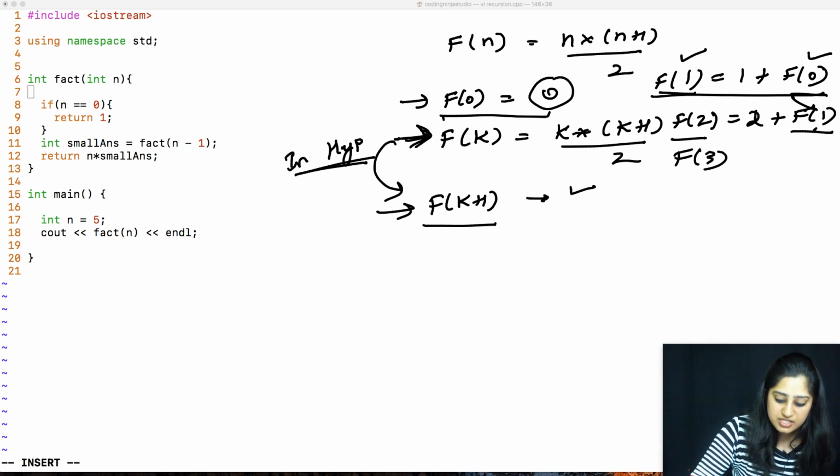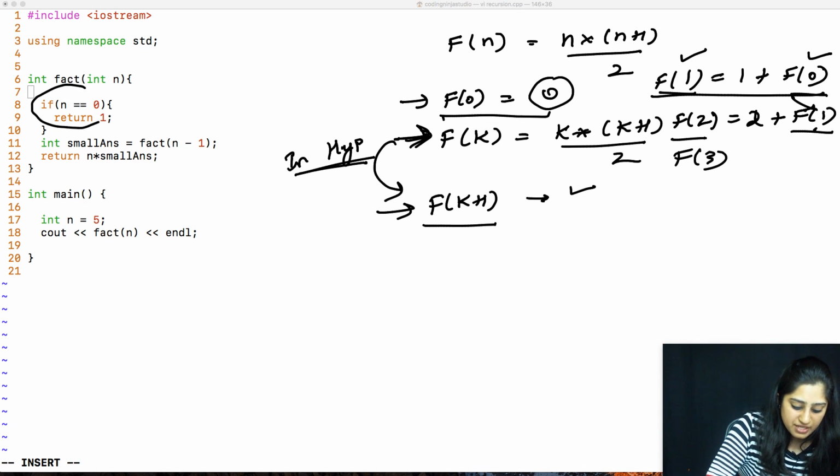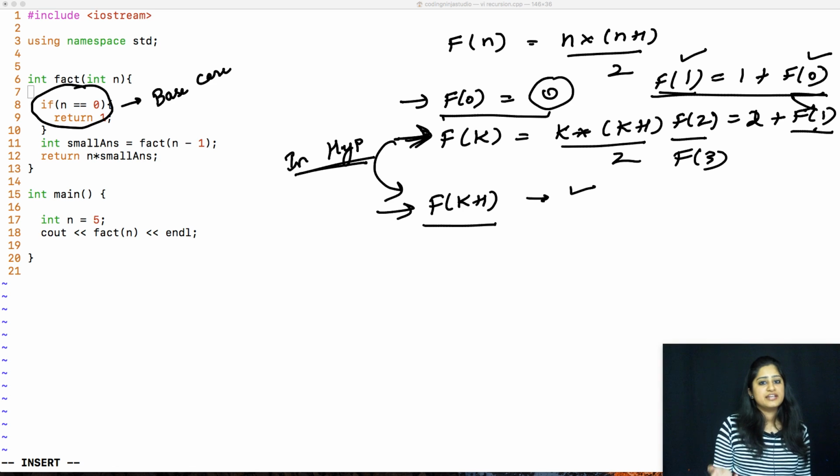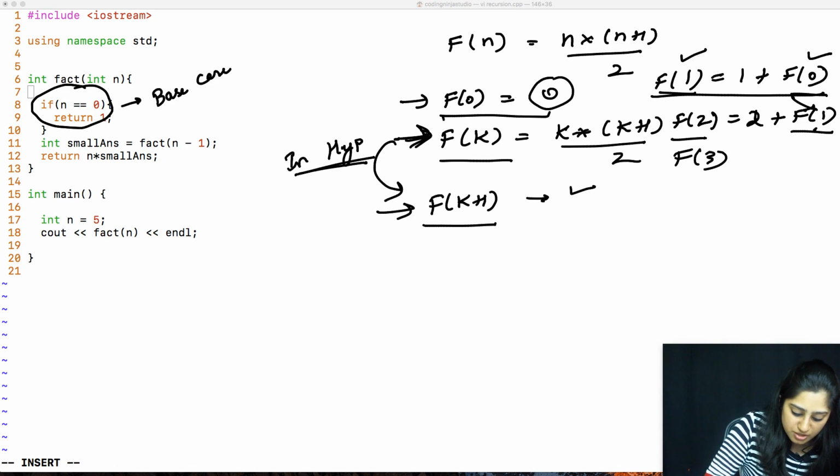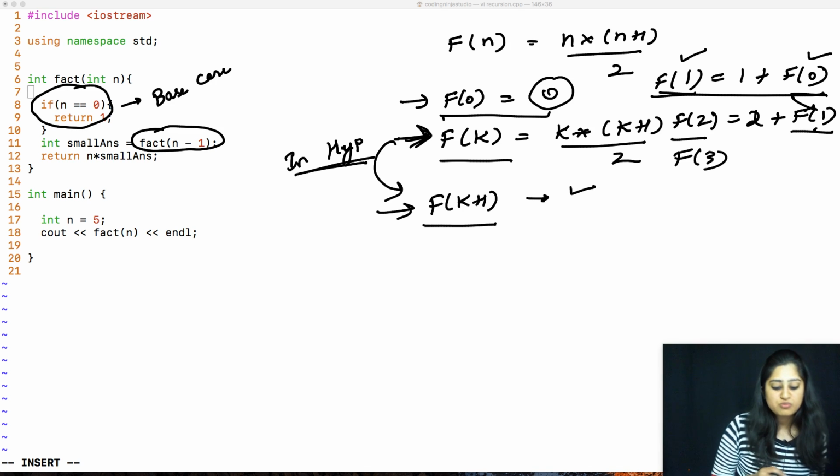The basic step that we were sure about is our base case, if I have to relate it. And then we took an induction hypothesis that f of k is fine, right? Similarly, we assumed here that factorial of n minus 1 will work fine, similar to our hypothesis step. Then we used to do it for f of k plus 1.